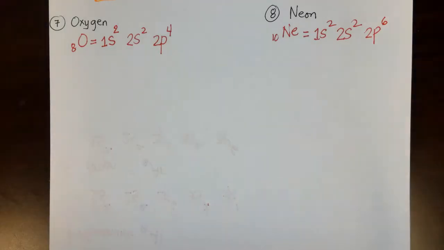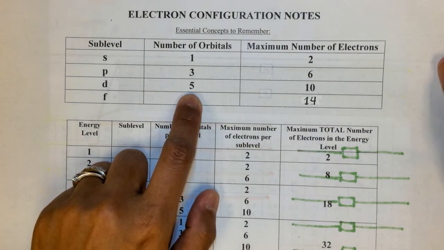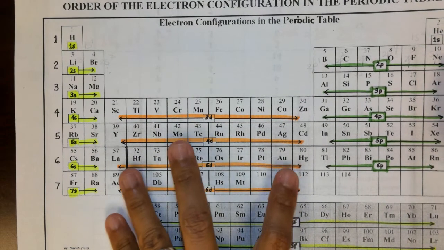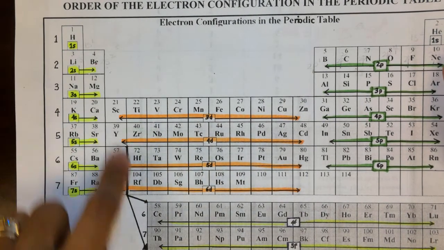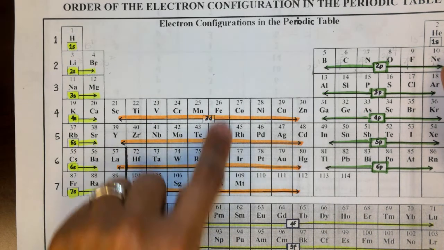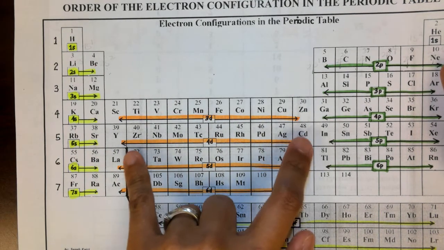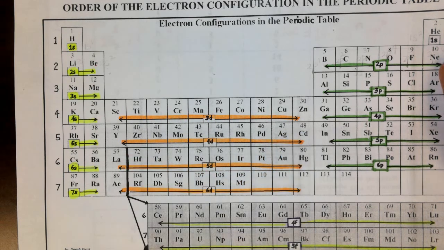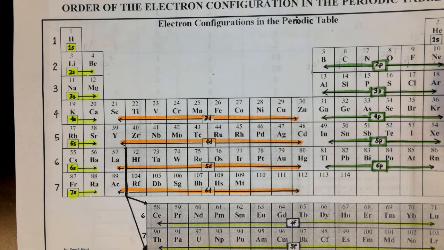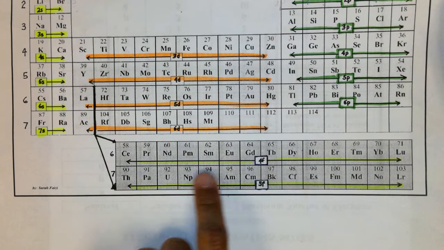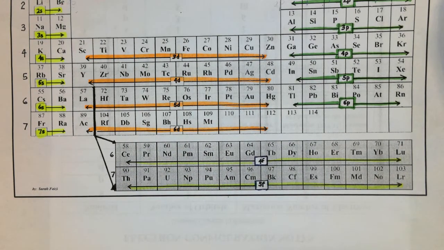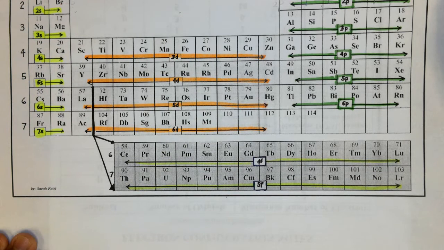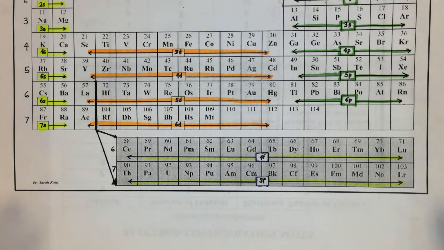And if you guess it, for the D block, the maximum is a 10. So if you look at the middle part, which we haven't reached yet, the D block is here in the middle. And if you count the number of columns here, that's actually 10 to represent your 10 maximum number of electrons in the D. And similarly, the F block here at the bottom has 14 columns, representing the 14 maximum number of electrons for the F sublevel.